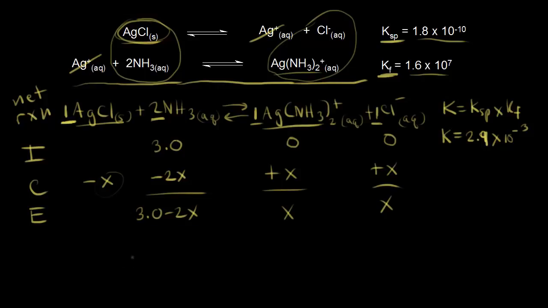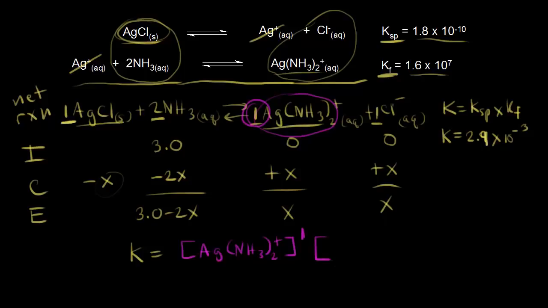Next, we write our equilibrium expression. So K is equal to concentration of products over reactants. So I look at my complex ion over here. So concentration of our complex ion, and we raise the concentration to the power of the coefficient, so to the first power.